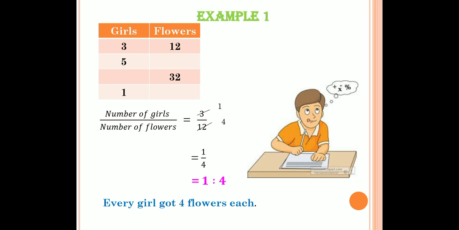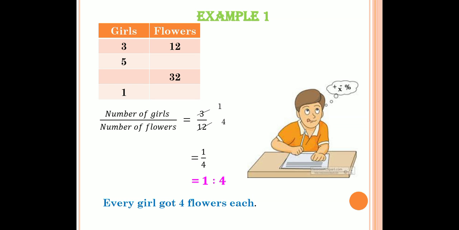Then every girl got 4 flowers each. How did we come to know that it is every girl? Because number of girls is 1 and 1 means each. So we found out that it is 1:4. So that means each girl or every girl got 4 flowers. Now we know that every girl has got 4 flowers.